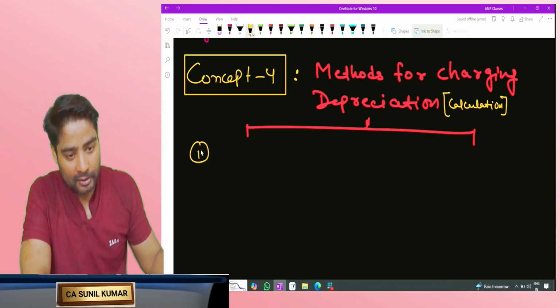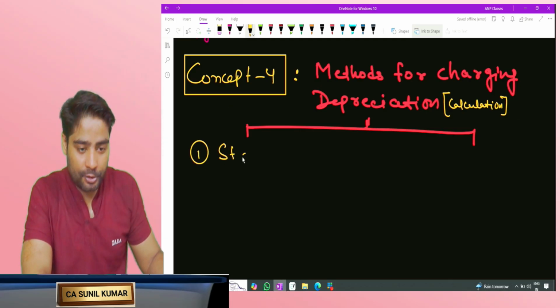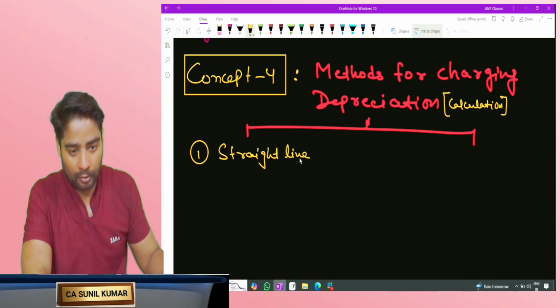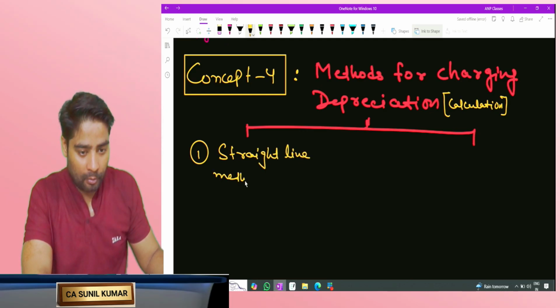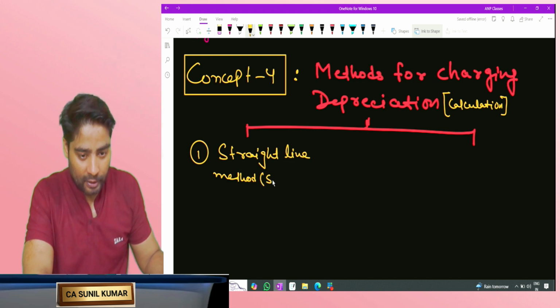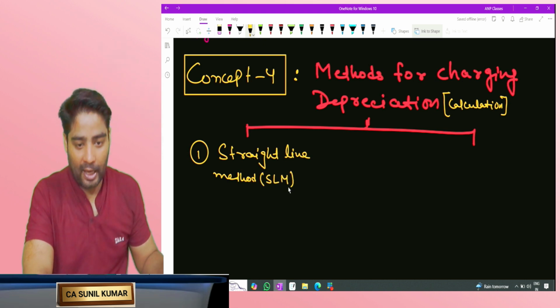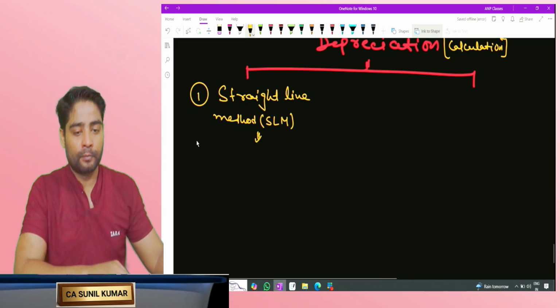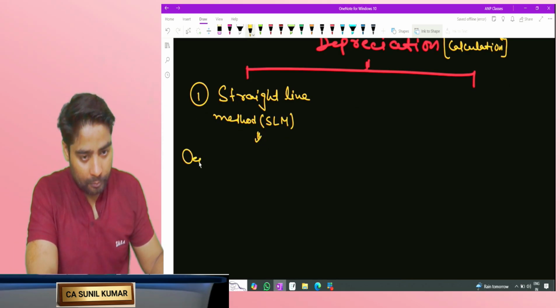So the first method is straight line method. In short form, we can call it SLM, straight line method. Write down depreciation.